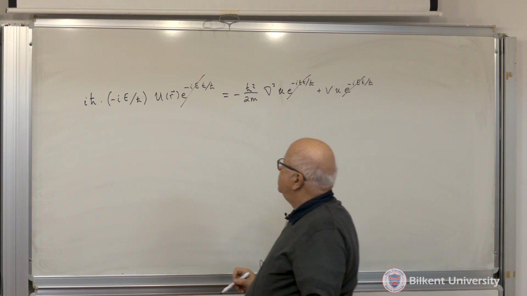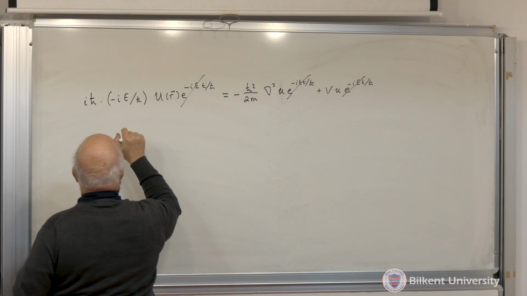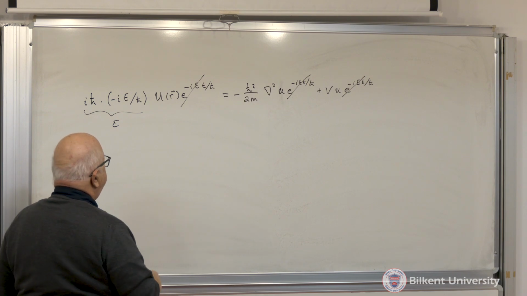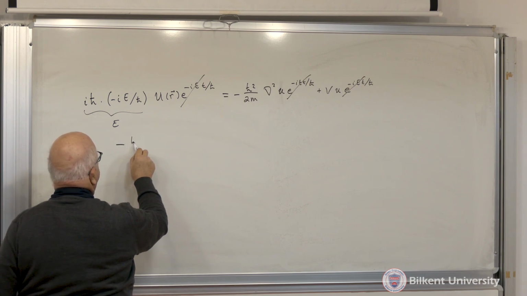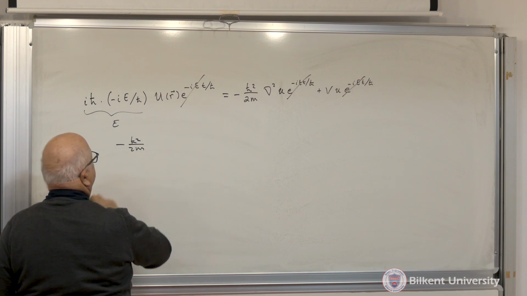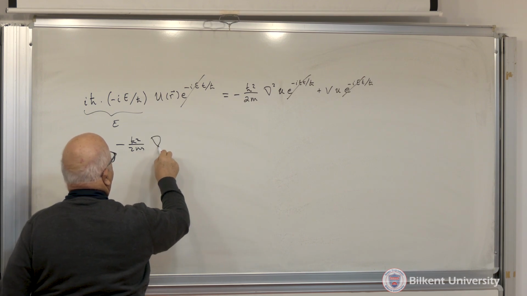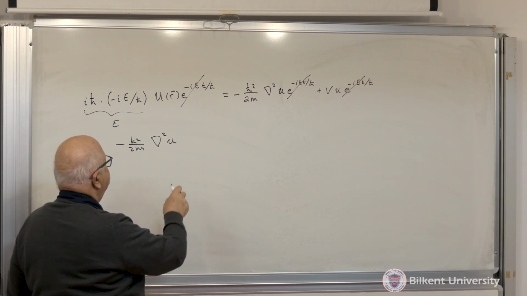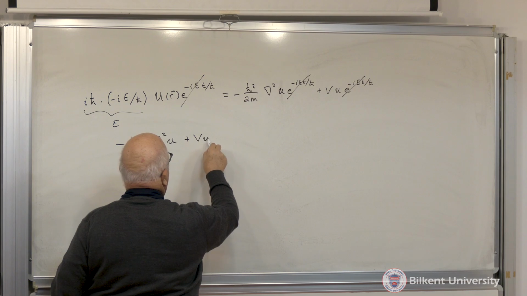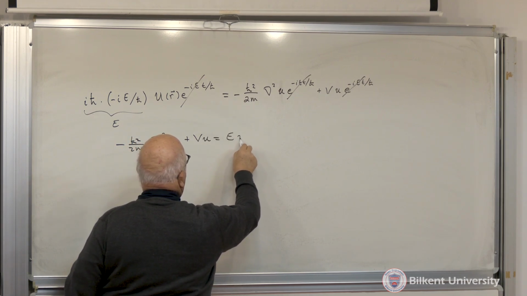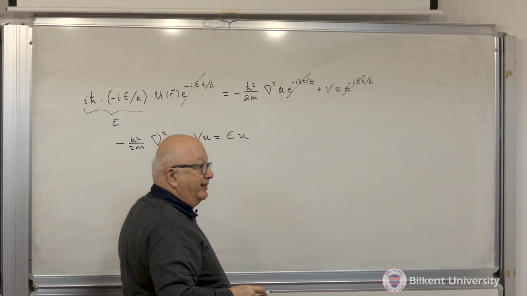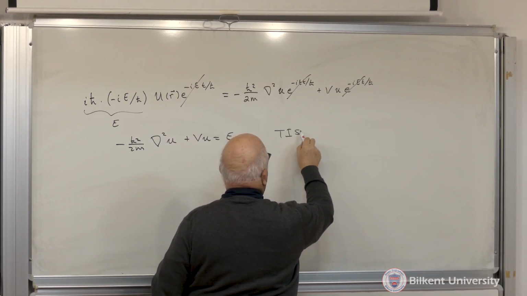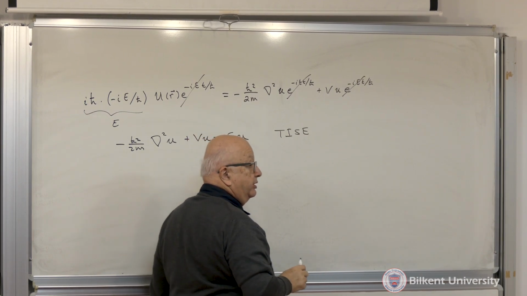I end up with this simple equation. You see this just turns into an E, which tells me that minus h bar squared over 2m del squared u, which is a function of position only, plus V u is equal to E u. So this is the time-independent Schrödinger equation in three dimensions.